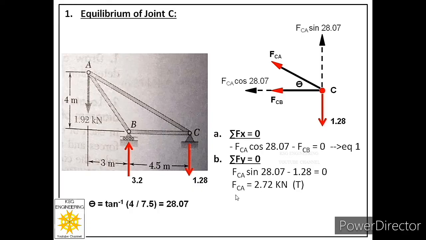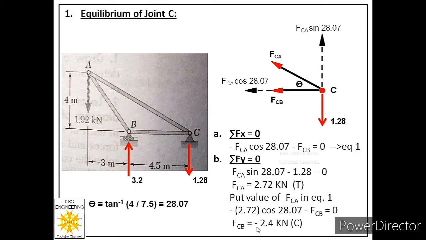Once we get the value of FCA, then we can put this value in equation 1, then we will get the value of FCB. When you put this value in equation 1, we will get FCB equal to minus 2.4 kilonewton. So what is the meaning of the negative sign now? For FCB, at the start we considered that it is a tensile force, meaning its direction is away from the joint.